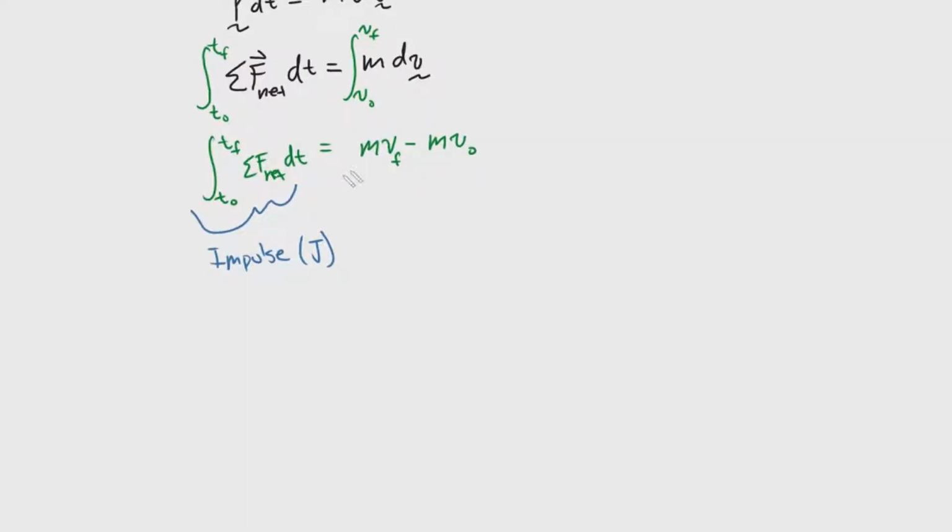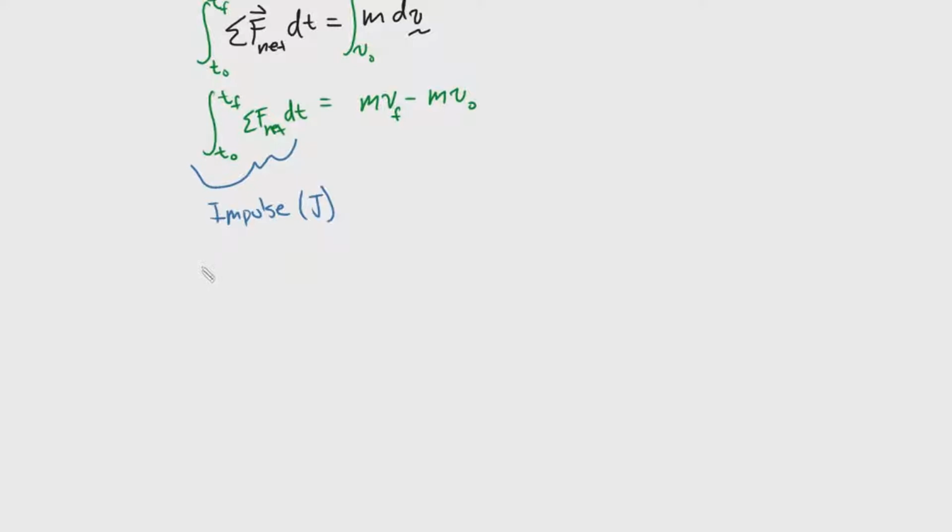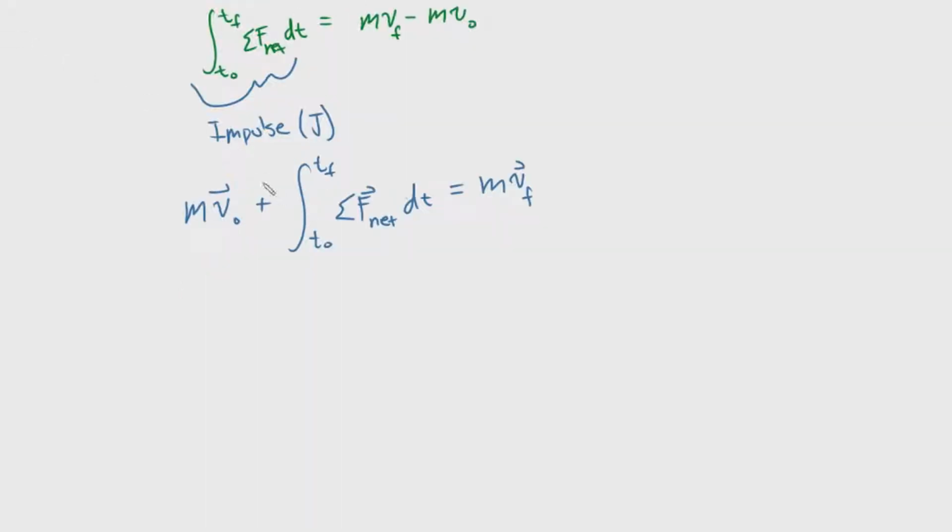For now, I'm going to move this over so we get the impulse momentum equation. So we're going to say m v naught plus the integral from t naught to t final of the sum of the forces times dt equals m v final. Notice that these are vectors, so when you use this equation, you are using vector quantities. Of course, you could break up the vectors into their x and y components and use each component separately.